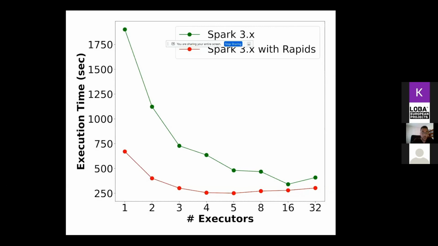We can also observe that for one executor, Spark 3 with the Rapids plugin leads to similar execution time with the CPU-only execution with 4 executors. This observation showcases that Spark 3 with the Rapids plugin leads to resource savings at the cluster level. And this concludes the ETL demo. Thank you very much.